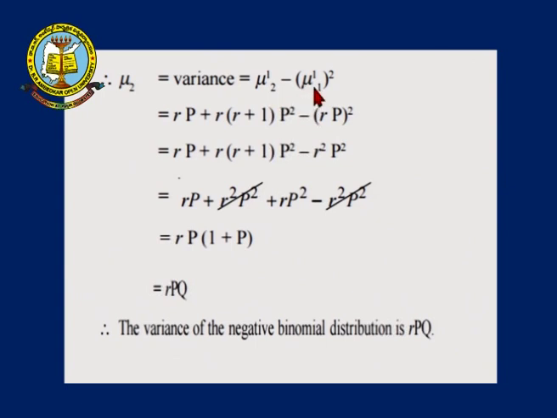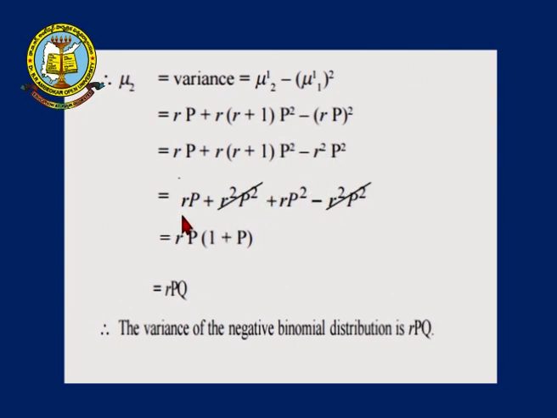Mu 1 dash is the mean of the negative binomial distribution. What is the mean? It is rP, so the whole square is (rP) whole square. Then you can simplify: rP plus r(r plus 1)P square minus r square P square. Then r square P square will be cancelled.